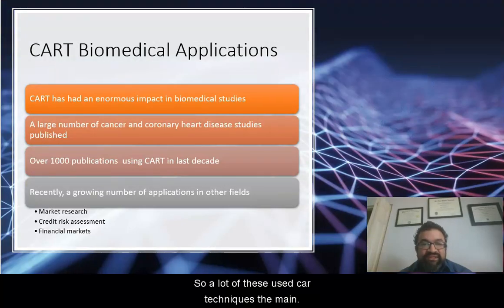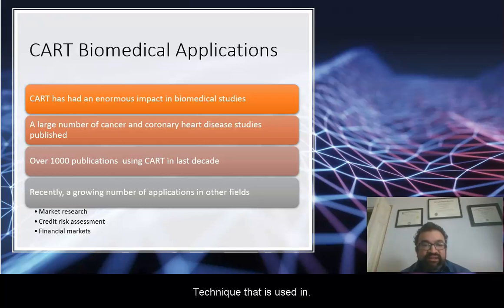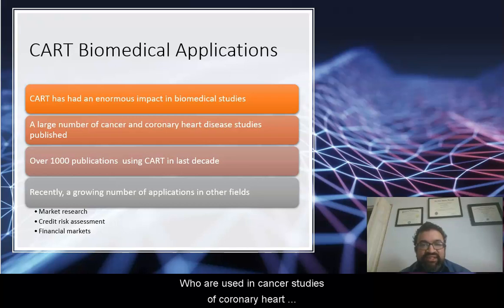A lot of these use CART techniques. The main technique that is used in terms of deriving random forest is a specific type of regression. This is being largely used in cancer studies and coronary heart disease, but also being applied to other areas as we speak.